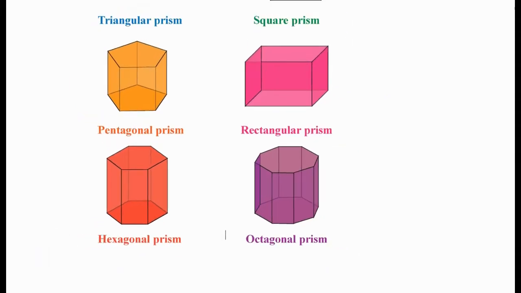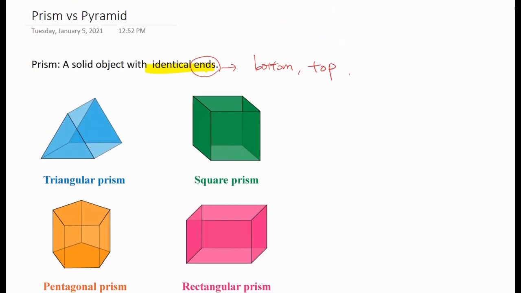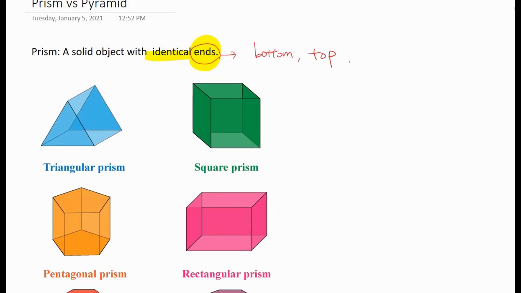Okay? So everyone, to check if it is a prism or not, you have to check if they have identical bottom and top. Basically, identical ends. All right. Other faces are rectangles.